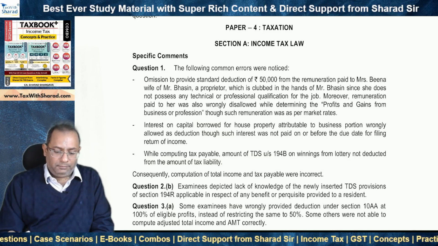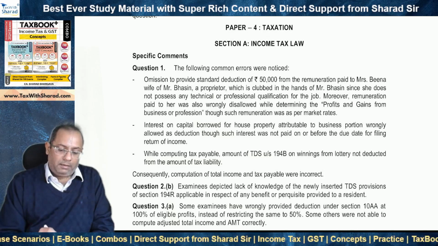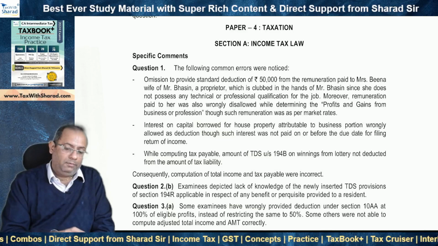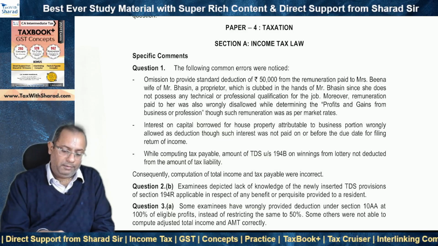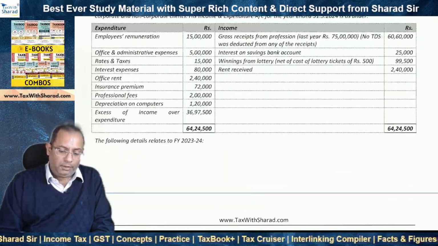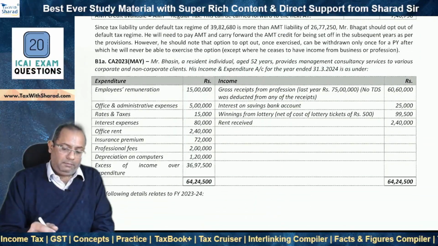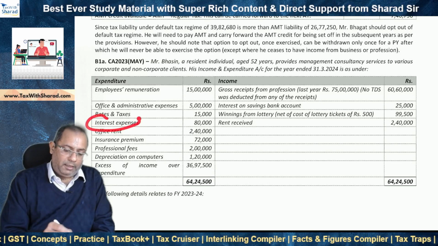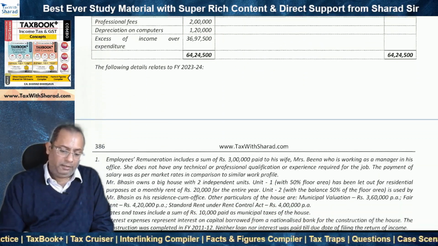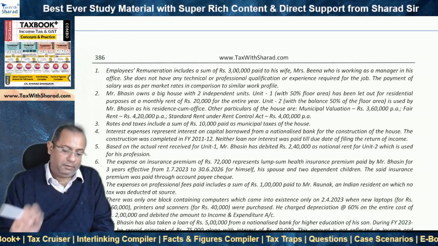The second mistake was with regard to interest on capital borrowed attributable to business. So what is the point here? If you look at the question, the expenditure side includes interest expenses of 80,000. And this is in respect of a house property.